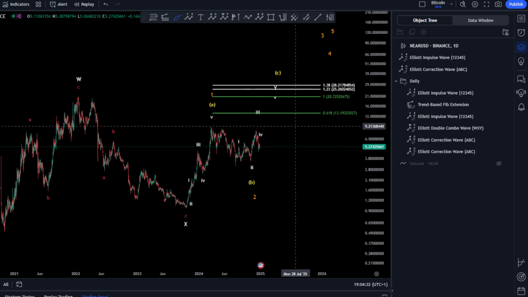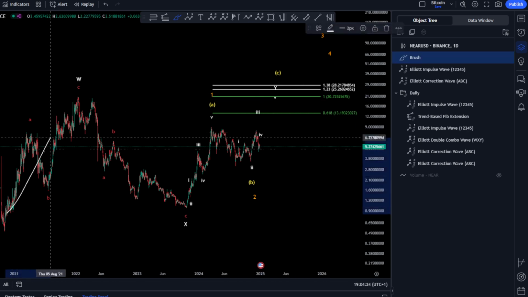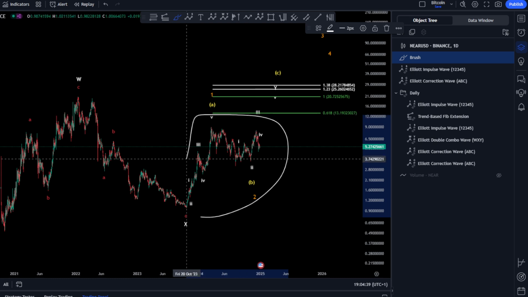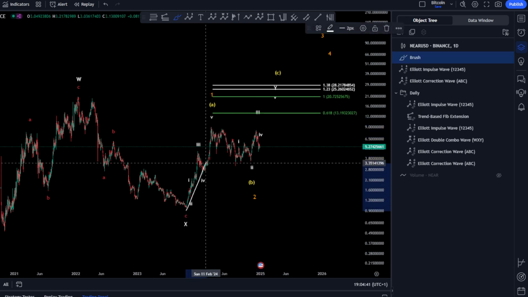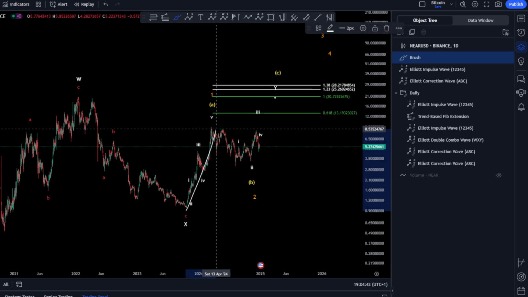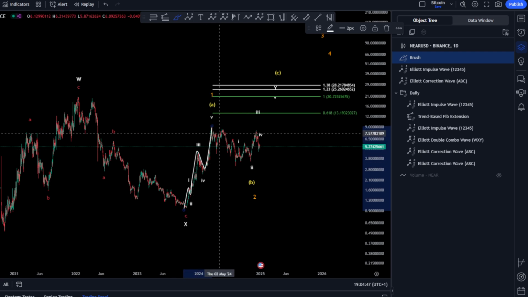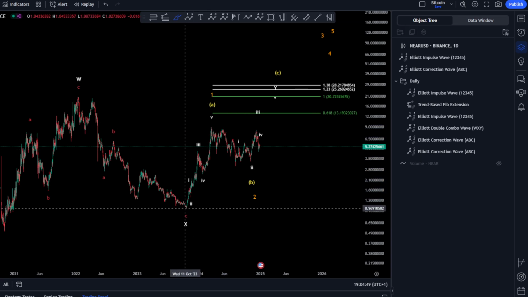Now, why I'm saying that this might be a complex structure as W, X, Y, is because, looking at this price action here, we are looking at a very high impulse towards the upside as a 1, 2, and then 3, 4, and a 5. Having this impulse directly, there are two options.